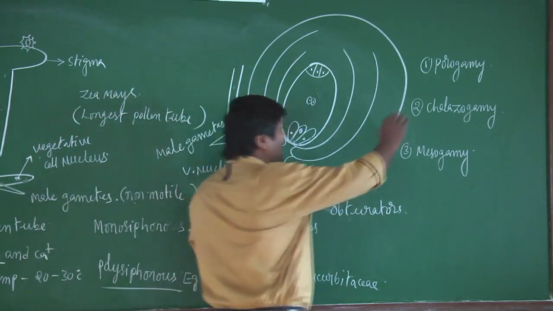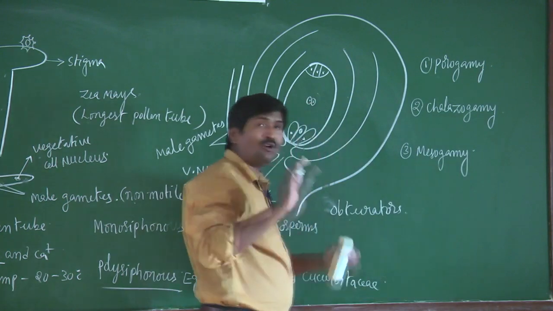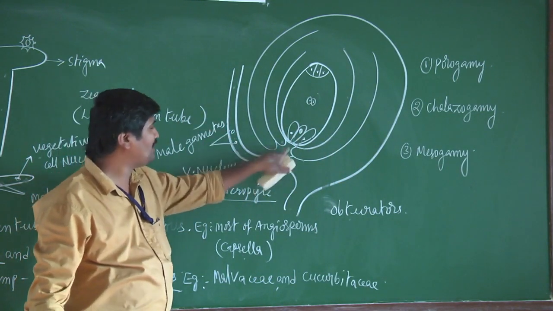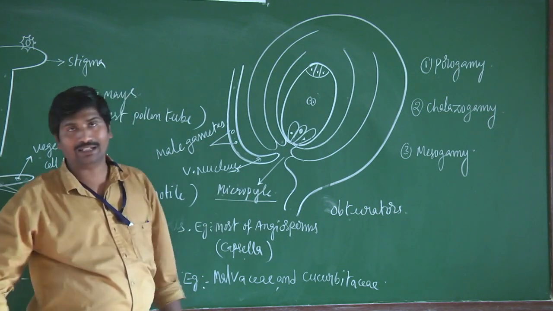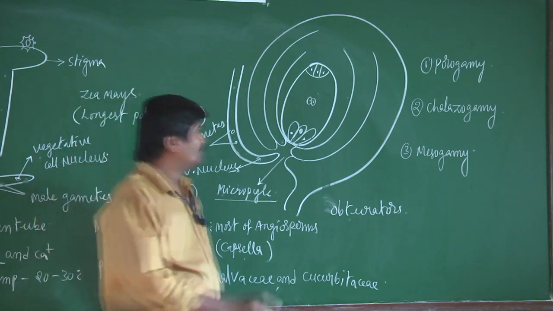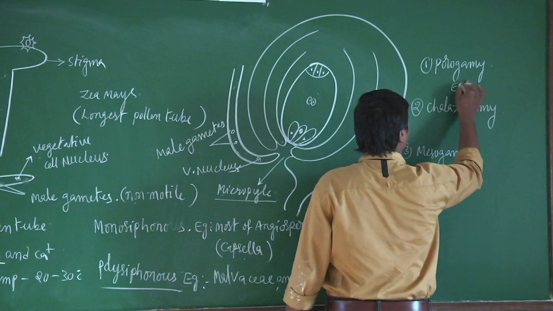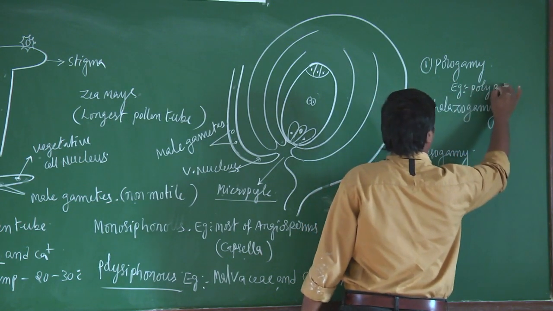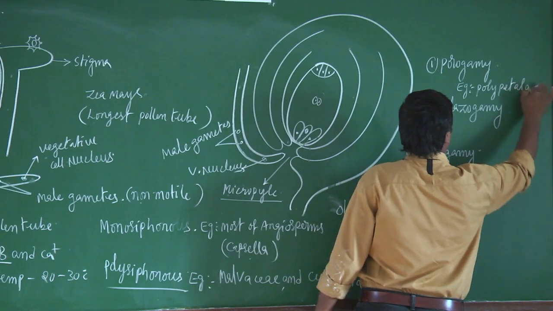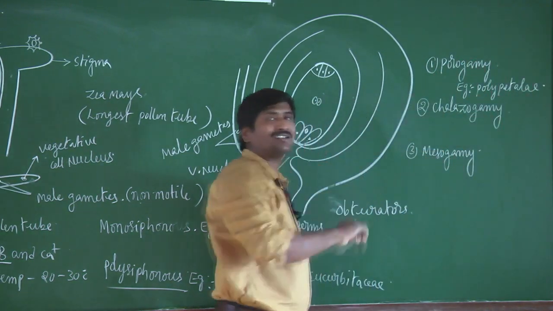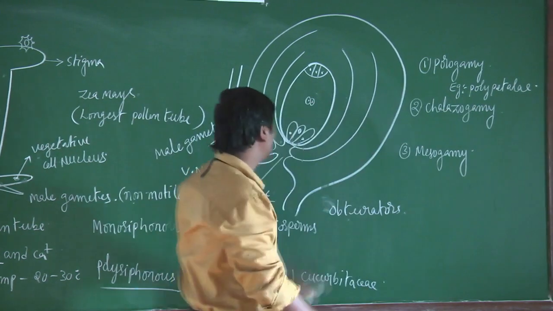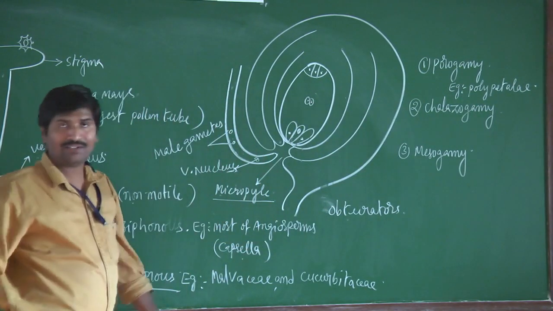That is known as porogamy. In most of the angiosperms, the pollen tube enters the ovule through the micropyle. The best example is Polypetalae. What is Polypetalae? It is a subclass of the dicots. In most Polypetalae members, porogamy takes place.